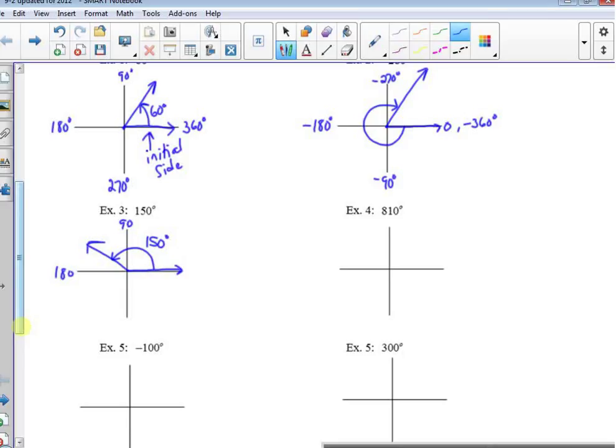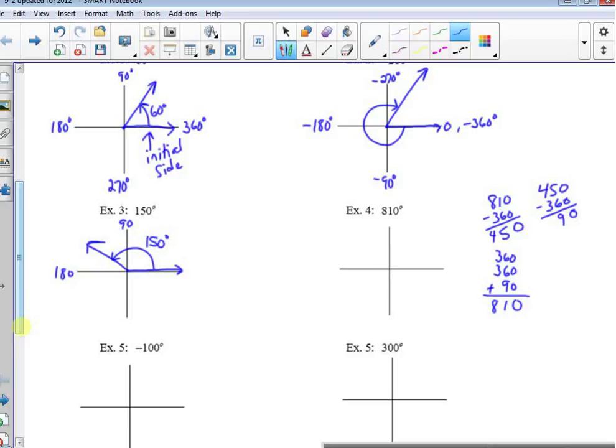Now for 810, it's going to look kind of like a spiral. So I take 810 and I subtract 360 from it. I've got 450, and then I subtract 360 from that. So it looks like it's made up of two 360s and a 90. 360, 360, and 90 added together give 810.